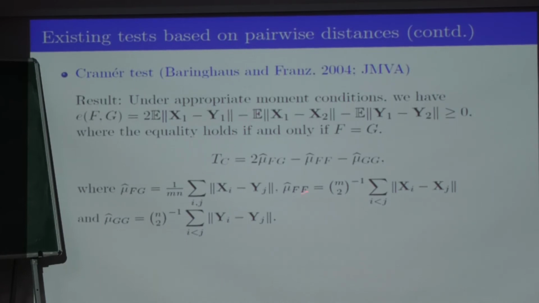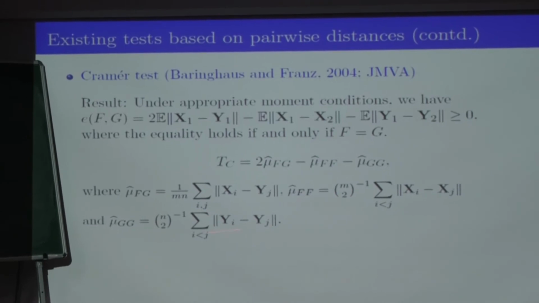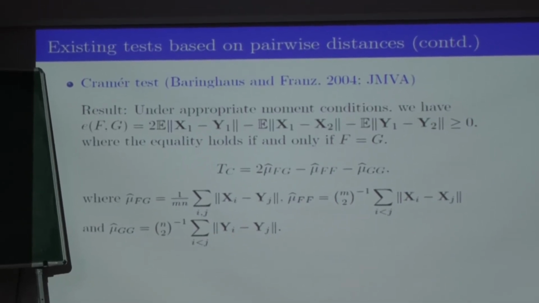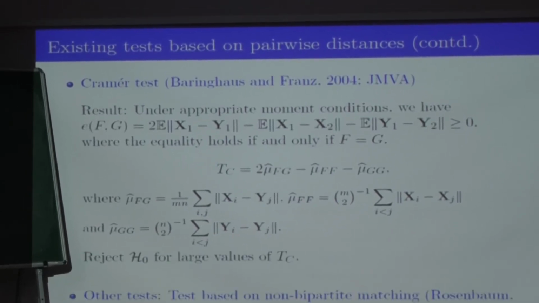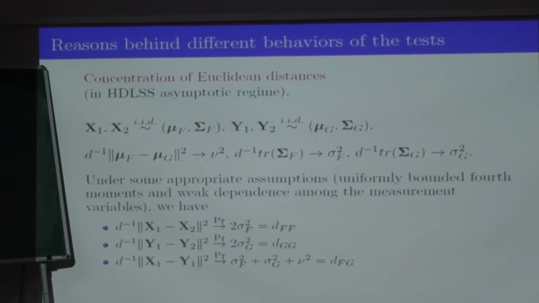This one will converge to its limiting value, and this one will converge to its limiting value, and this one will converge to its limiting value. What will be the limiting value after some appropriate scaling? This will be the distance between x and y, so basically DFG. This will converge to the distance between two x observations, so basically DFF, and this will converge to the distance between two observations from G, so basically DGG.